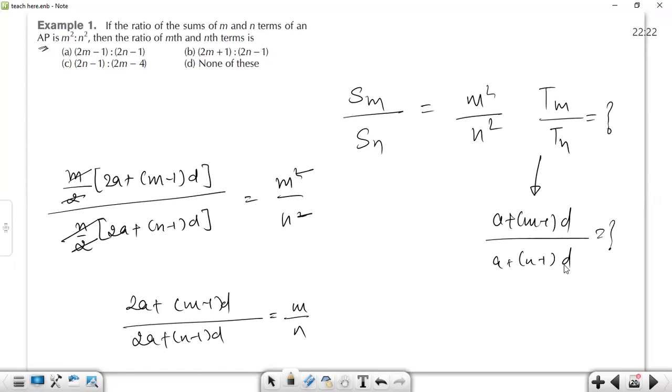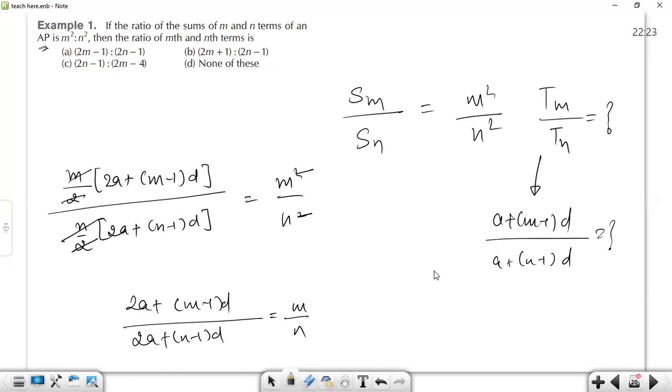Okay, so we can spot one thing here: we can use the componendo dividendo rule, and then we can solve for it further. Okay, first let's solve it further.